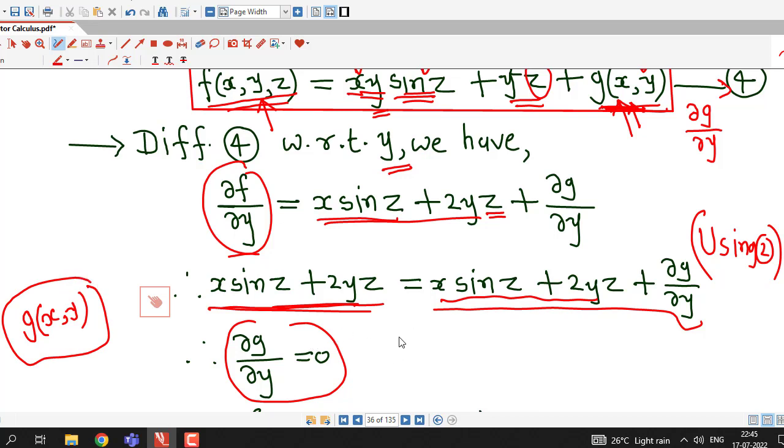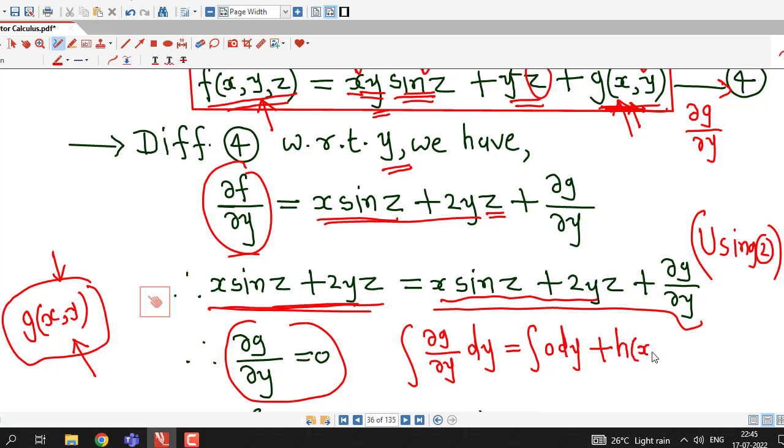Now suppose we want to obtain the value of g from this equation, then we will integrate both sides with respect to y, because we have the partial derivative of g with respect to y. We are integrating partially with respect to y, and g is a function of 2 variables x and y. Therefore we will consider x as constant, and so the constant of integration can be a function of x also.